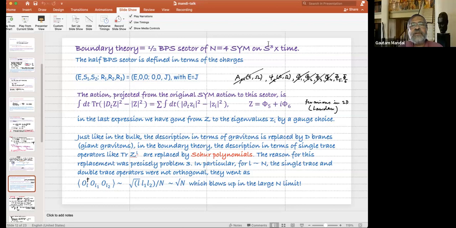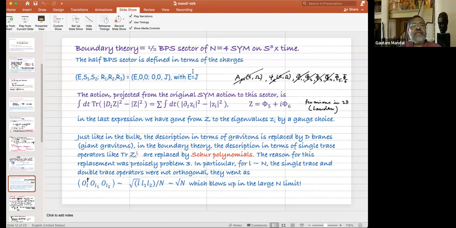Okay, because if they had any dependence on the S3, that would mean that some S1 and S2 sector would be active. So therefore, you are left with phi 5 and phi 6, both as functions of t alone.